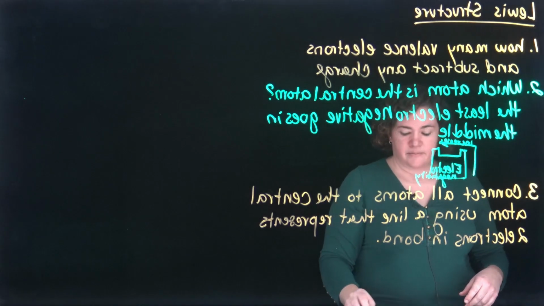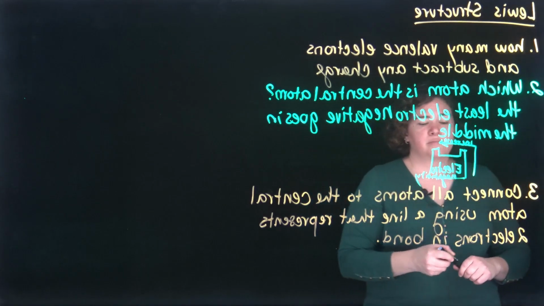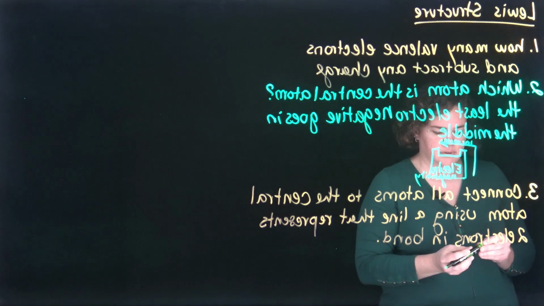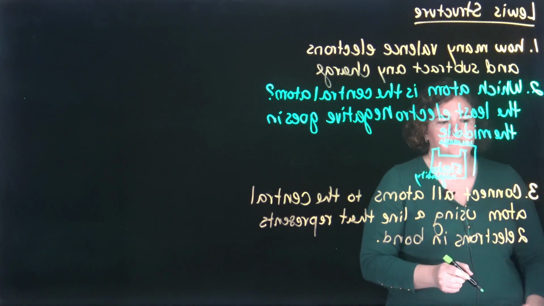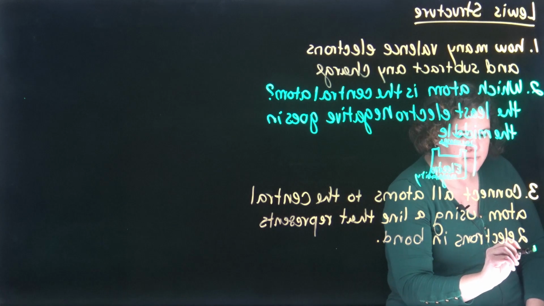Once you have done that, you use the remaining electrons to obey the octet rule.